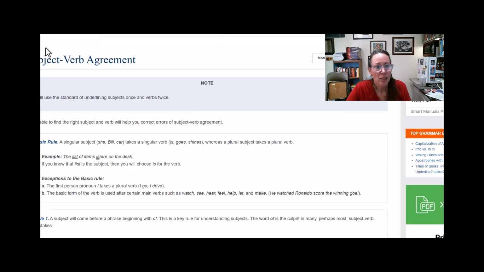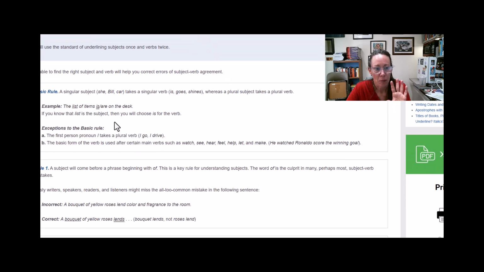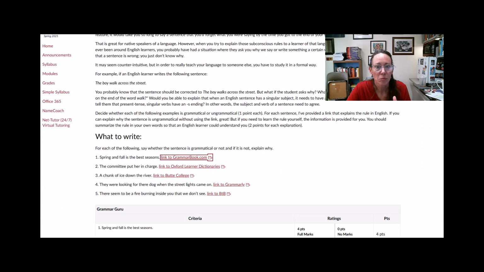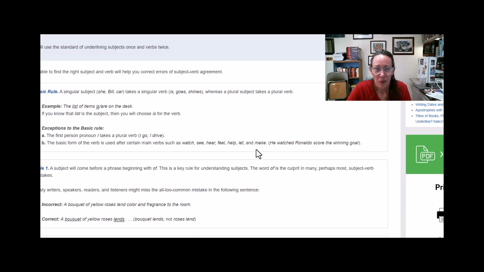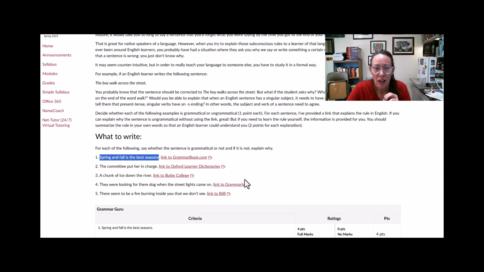This website is about subject-verb agreement, so make sure that you understand what they're talking about here. And then if this sentence is not grammatical, then you need to explain why, and you'll find the information in the website, okay? So I'm giving you a lot of hints there.